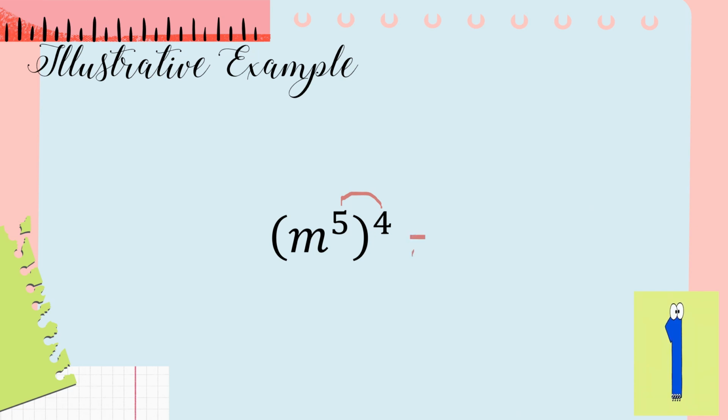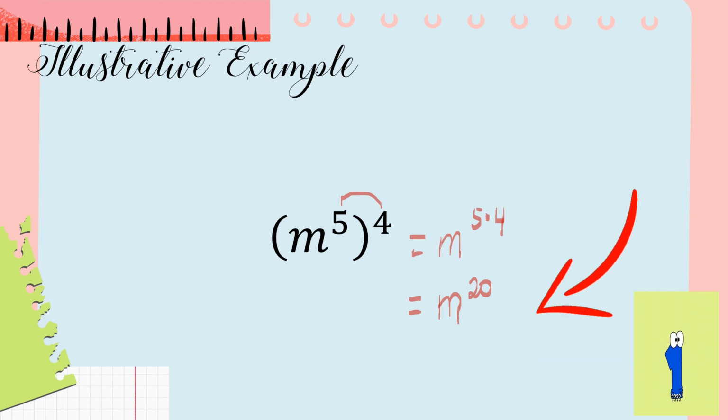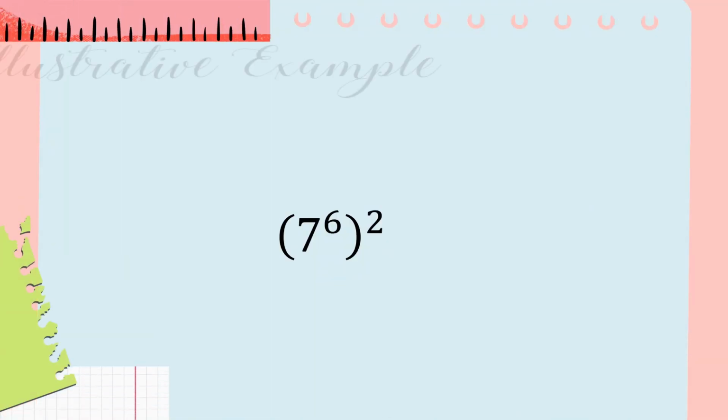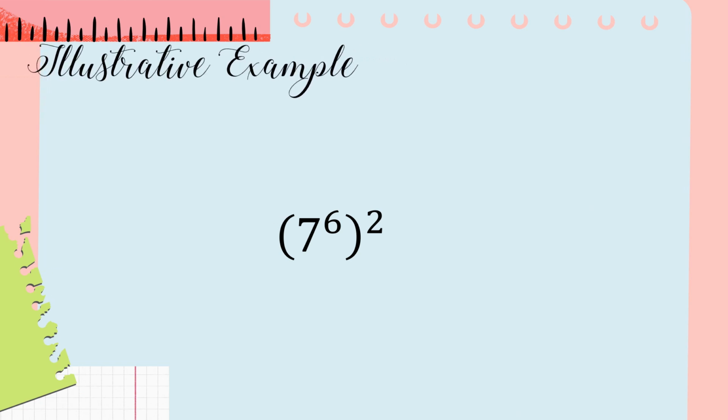You just multiply these two exponents. So we get m raised to 5 times 4, and 5 times 4 is 20. So therefore m raised to 5 raised to 4 is equal to m raised to 20. Seven raised to 6, and then again raised to 2.